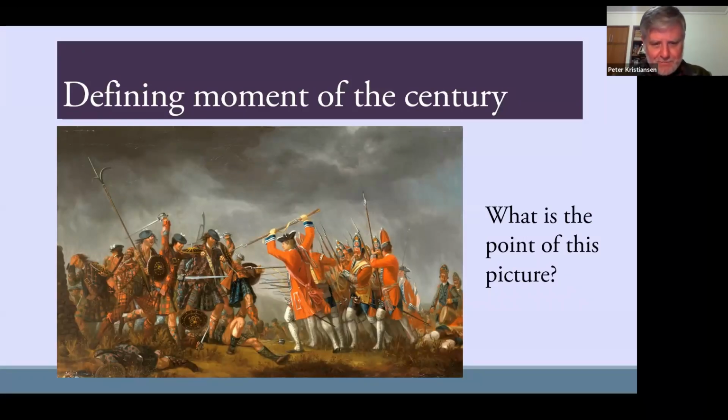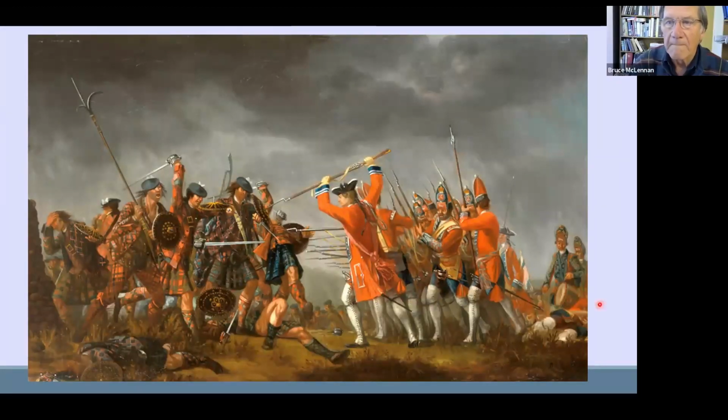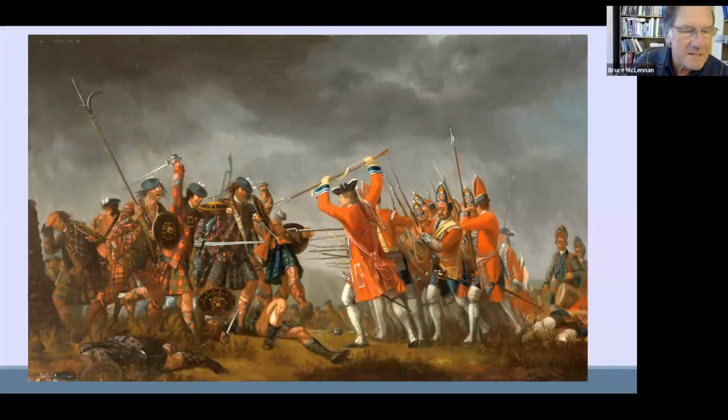Swords and stuff. Great, that's a good point. Any more comments? Steve Hopkins. Yeah, I see that the British have a formal straight line, whereas the Scots have the Scottish charge going on. Yeah, that's it. Bit of a wild affair.